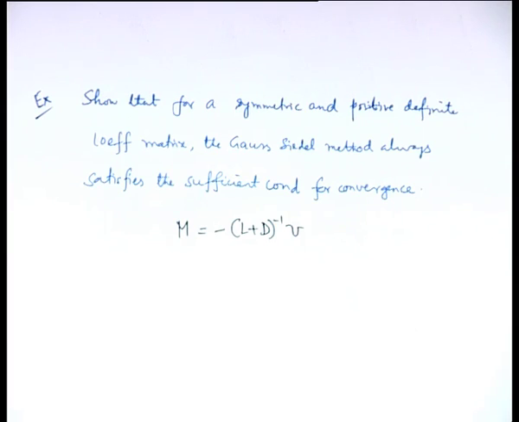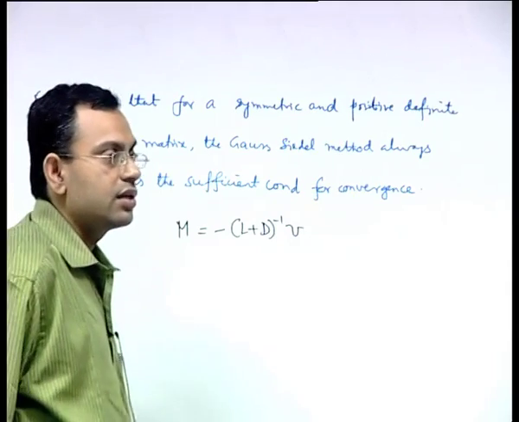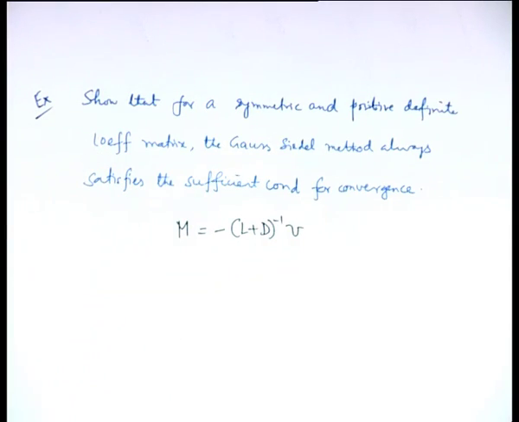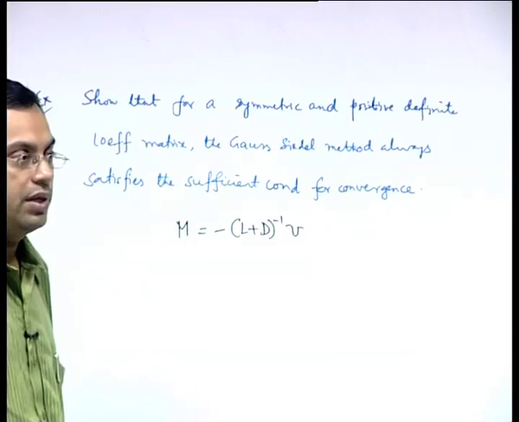To show that it satisfies the sufficient condition for convergence for a coefficient matrix A, which is symmetric and positive definite, we have already seen what we mean by a symmetric matrix and a positive definite matrix.